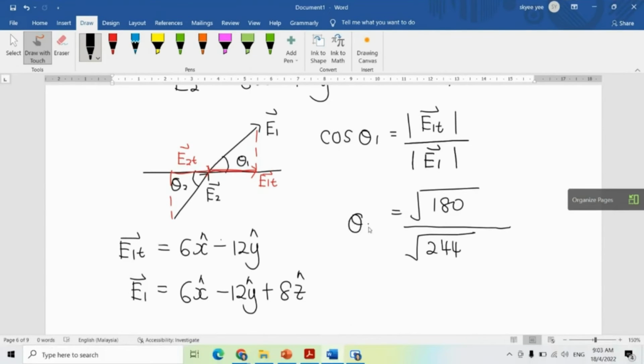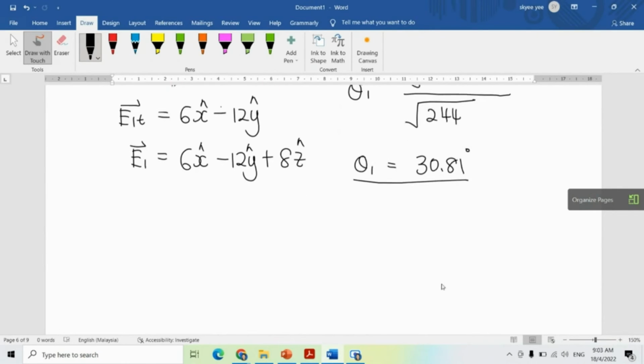So you can find theta 1: square root 180 divided by square root 244, and shift cos, you get 30.81. So this is the angle made with the interface. If you get another answer, just let me know in case I calculated it wrong.